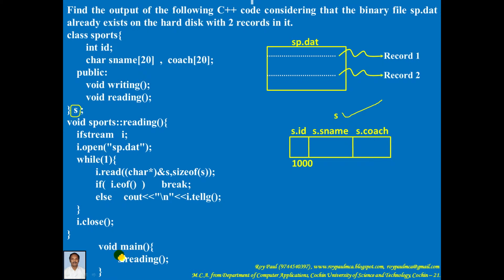Second thing, execution of a C++ program starts at the main function. On encountering a function call, finally control reaches the point where the function is defined. So control comes here. ifstream is a class, and I is an object of a class. When an object is encountered, two things are to be done.